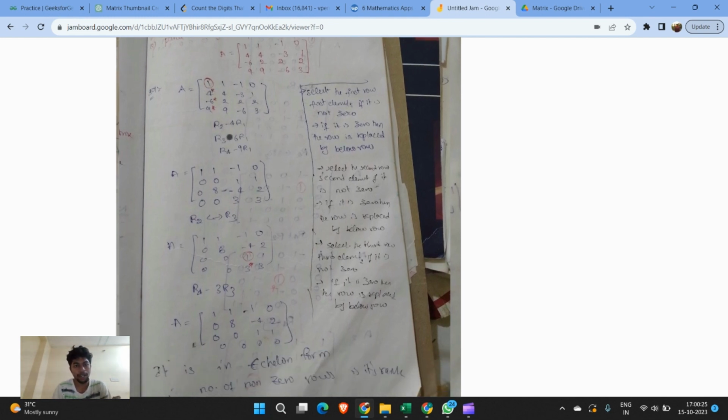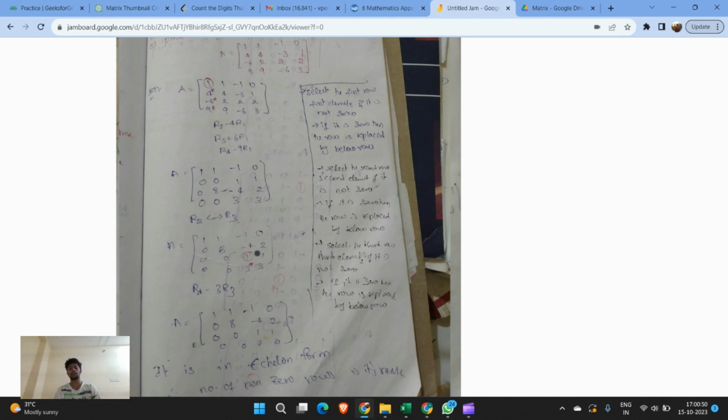So for the given matrix, you do some row operations, R2 minus 4 R1. For this you subtract this from 4 times of this one, then it will become 0. In this way you are making this element 0. Next, if there is a zero element, you can interchange those rows: R2 and R3 are interchanged. Why?